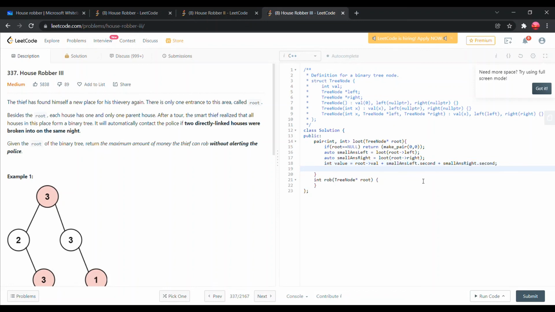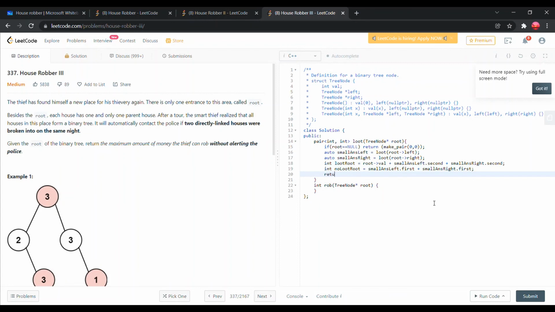Earlier when I wrote this, I would actually call this loot root. That would make more sense. If I loot the root, then this would be the case. If I don't loot the root, no loot root, then I would just return small answer left dot first plus small answer right dot first.